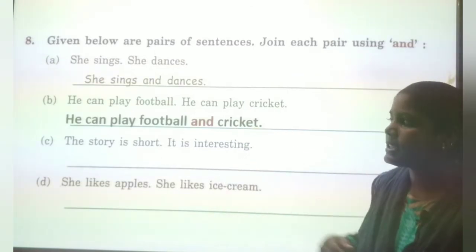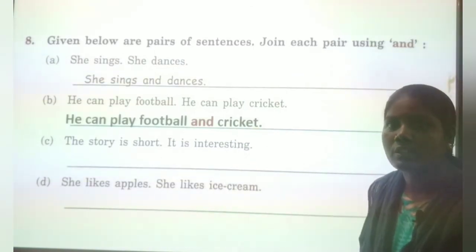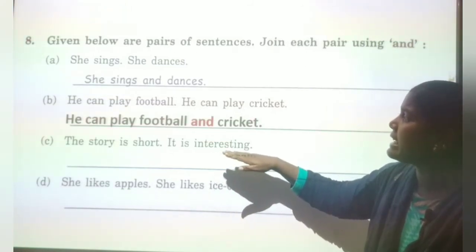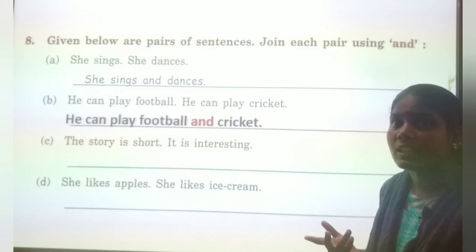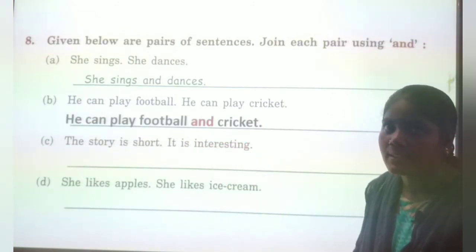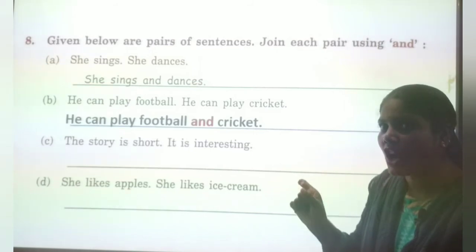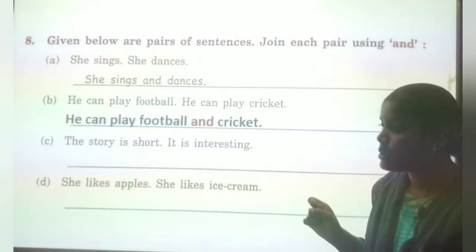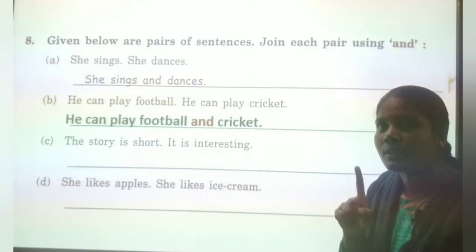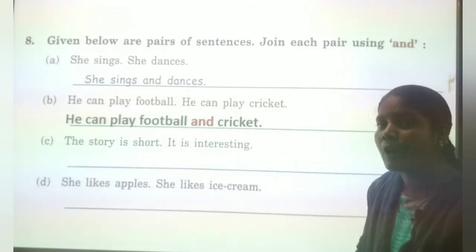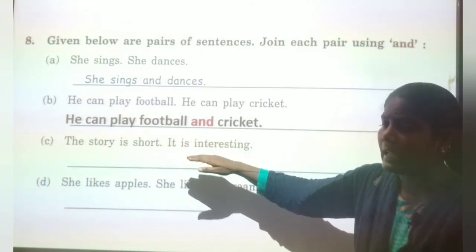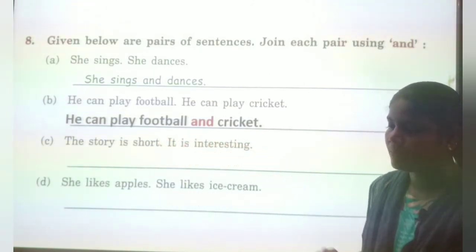The next one: the story is short. It is interesting. Which is interesting? This sentence is talking about the first sentence. The story is short. It is interesting. So now we make one sentence with the help of a conjunction: the story is short and interesting.